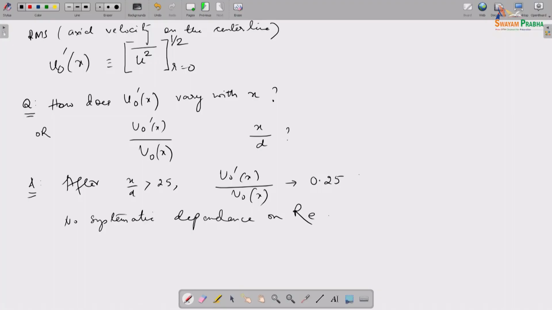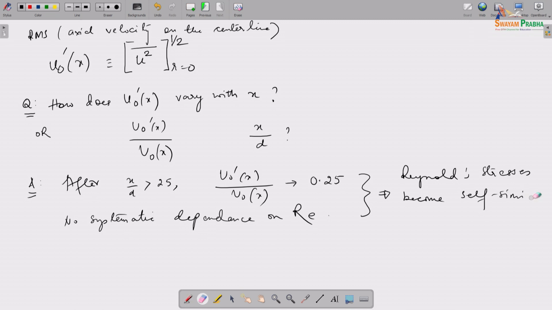So, essentially what we are saying is, if I have plots of the RMS, this is u naught dash x, with no dependence on RE, all of this essentially means that the Reynolds stresses become self-similar. Okay.